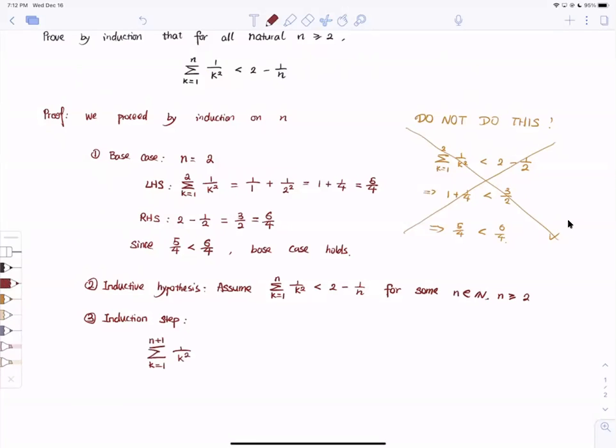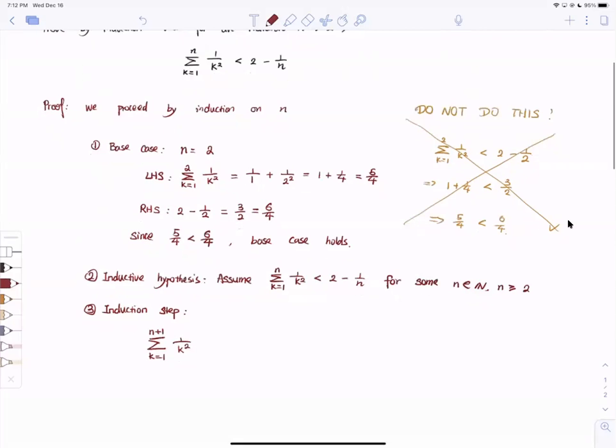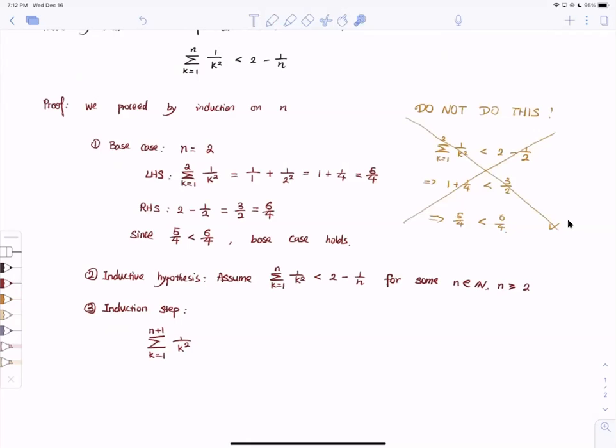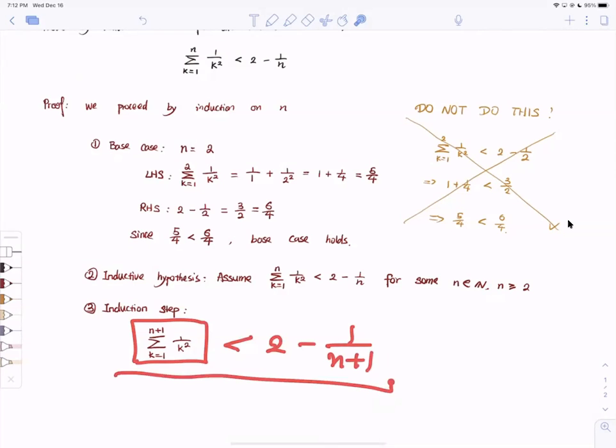I'm going to start from this side. How do I use the inductive hypothesis in the induction step? I'll show you in a minute. Note that we need to show this is less than 2 minus 1 over n plus 1. This is what we need to prove.